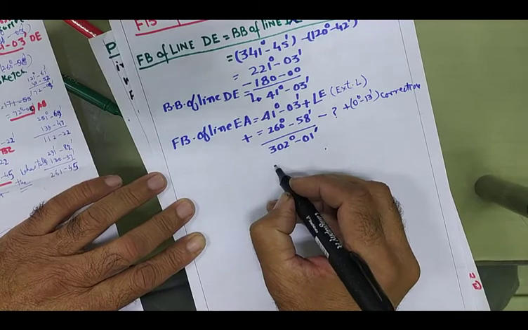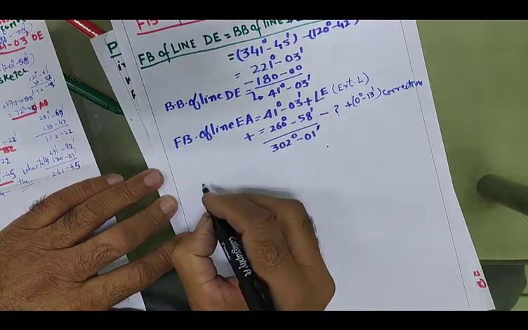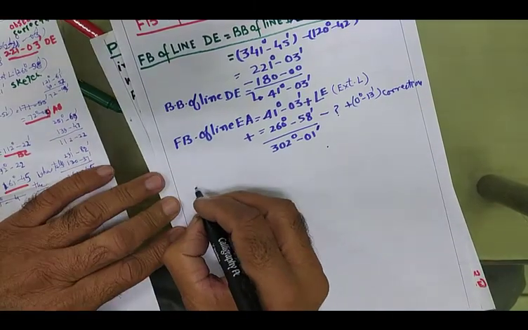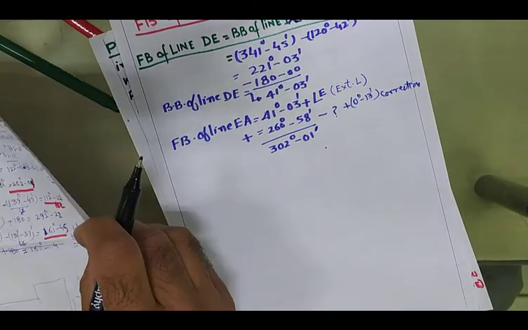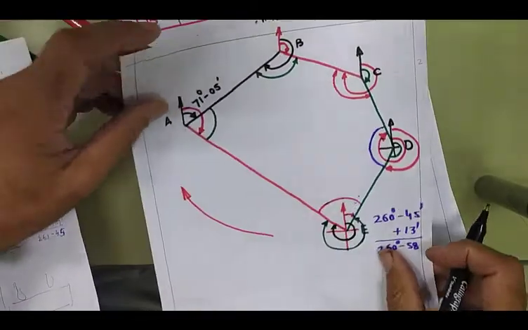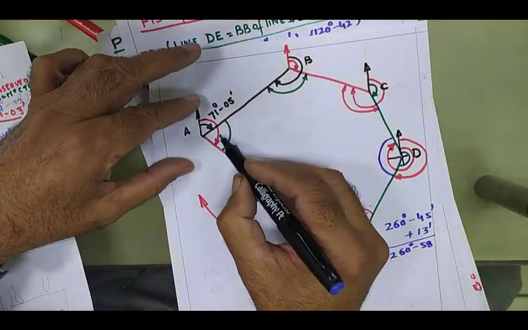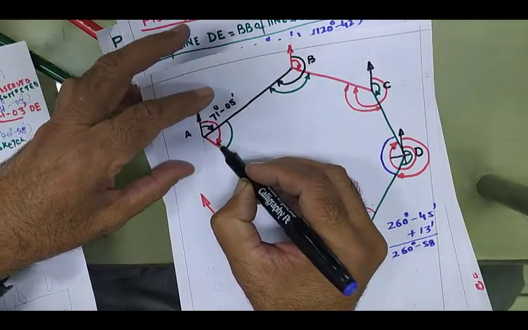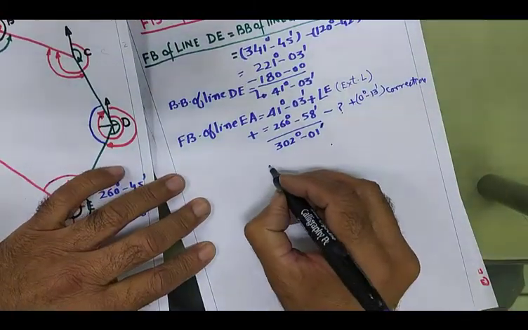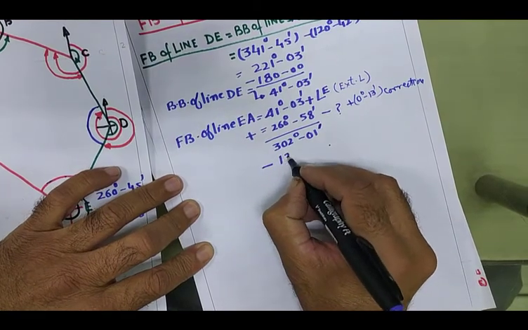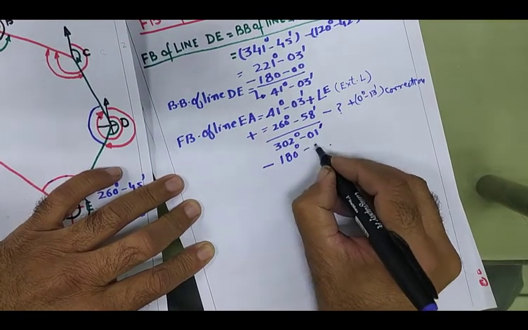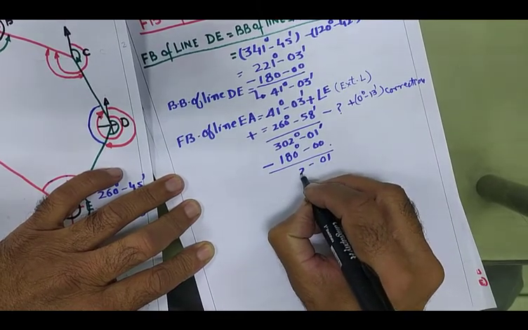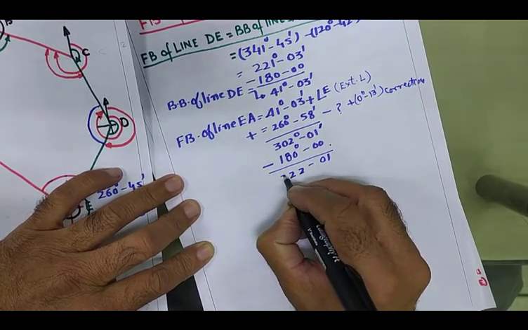Then the next line from here is line AB. In the sketch, the next line is my line AB. Now from here I have to calculate the back bearing of line EA, so I deduct 180 degrees because it is more than 180, and this comes to be 220 degrees.